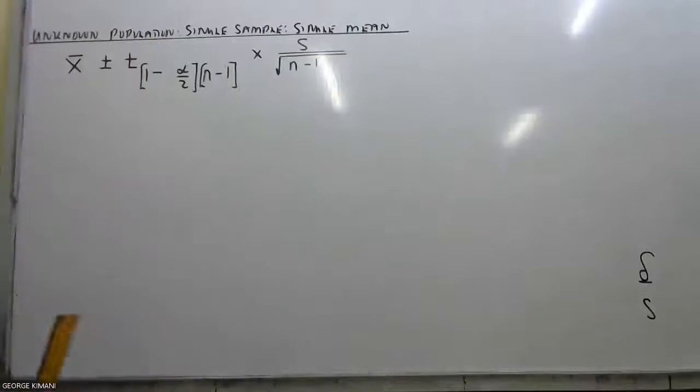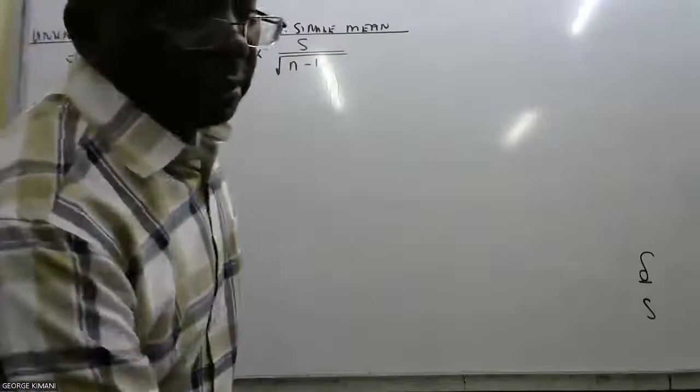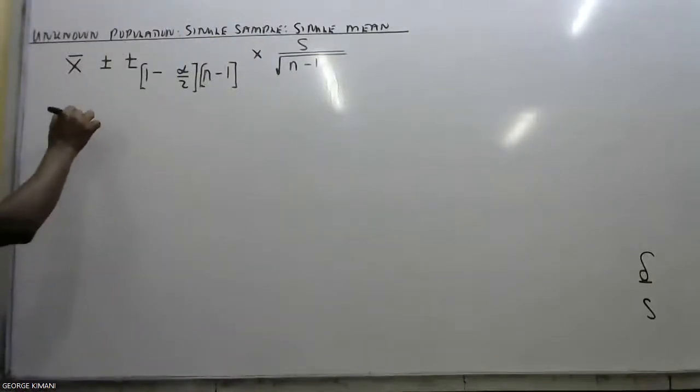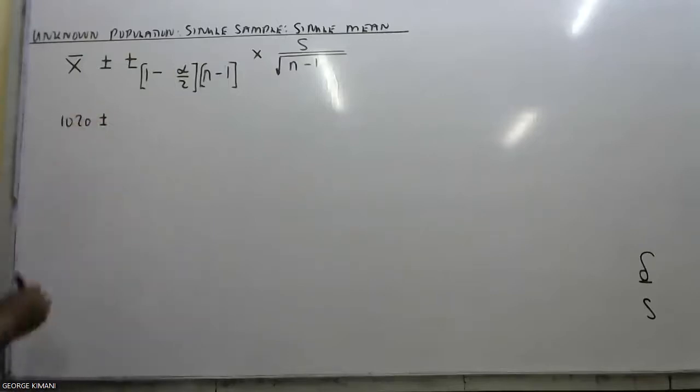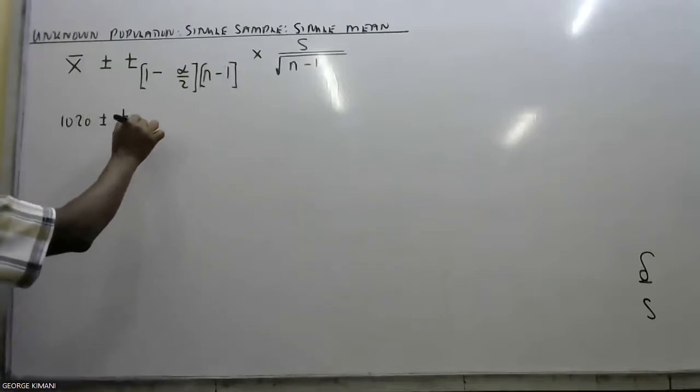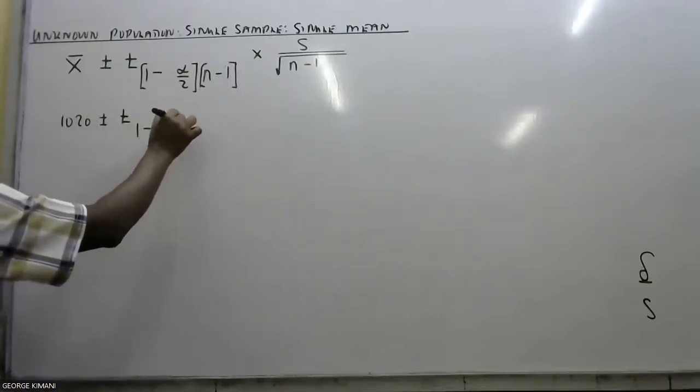So this becomes, the mean there is what? The mean is 20. So plus or minus T 1 minus, we are told 5%.